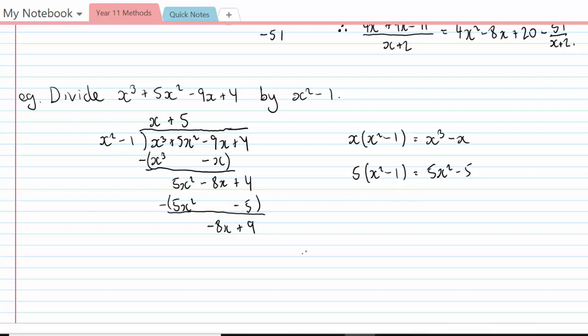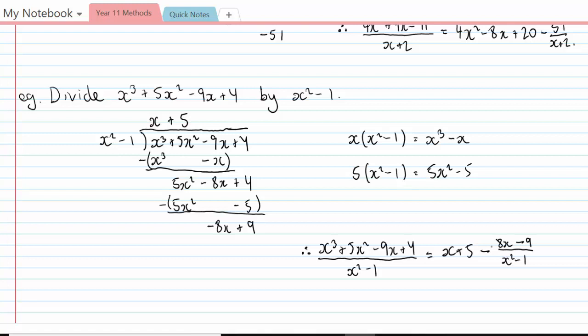And so therefore, if I do x cubed plus 5x squared minus 9x plus 4 divided by x squared minus 1, then that's going to be equal to x plus 5, and then minus, and I have to be a little bit careful here because I've got minus 8x, and I need to actually make this a minus 9 now, over x squared minus 1.